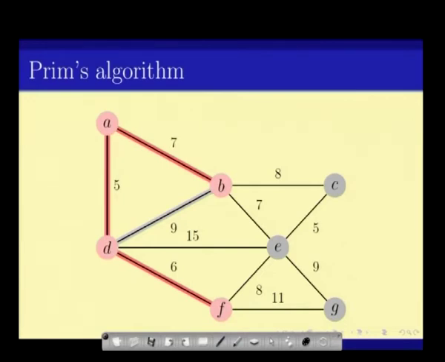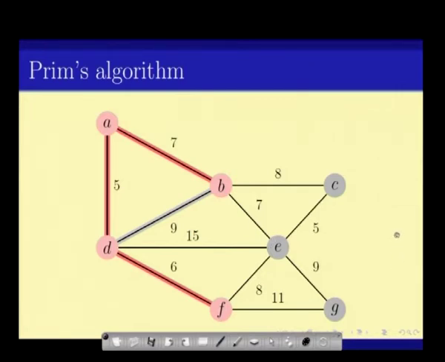Now, say my graph is A, B, D and F, and at this point we again look at all the edges that go out of any of these. They can be 8, 7, 15, 8 or 11, and in that case we choose this 7, because that is the minimum.